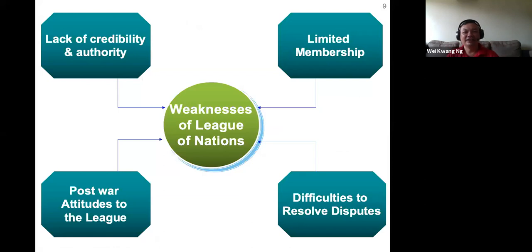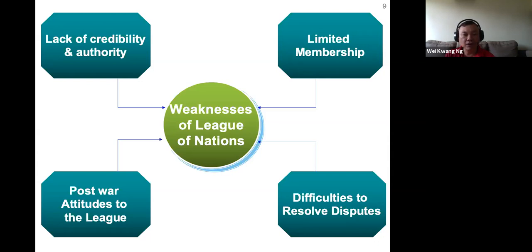Now there are four main reasons why the LON was weak. The four reasons are lack of credibility and authority, limited membership, post-war attitude towards the league, and difficulty resolving disputes. These are the four main ideas for which we are going to use some sources to understand a little bit about what actually happened.